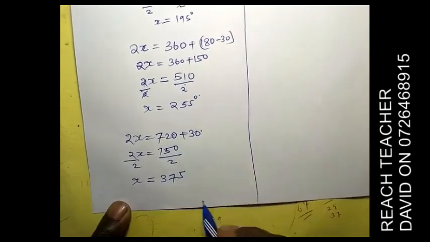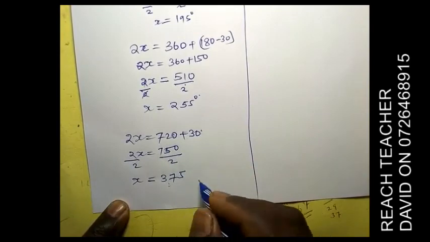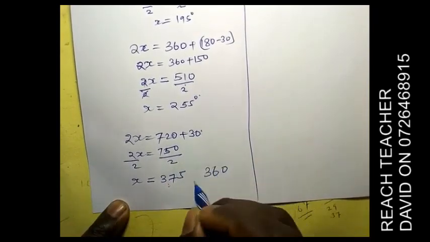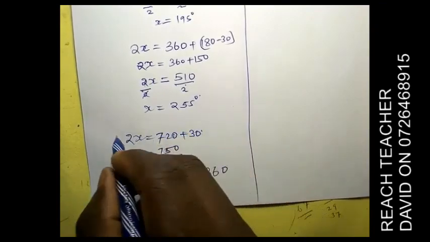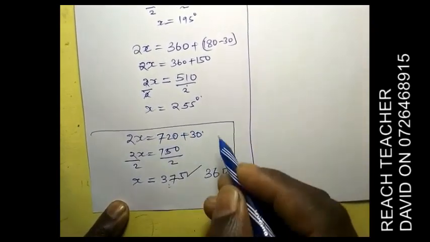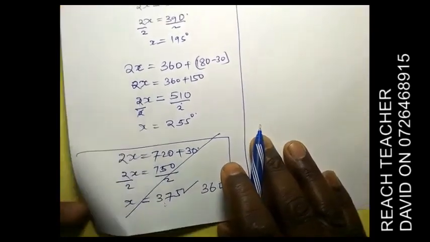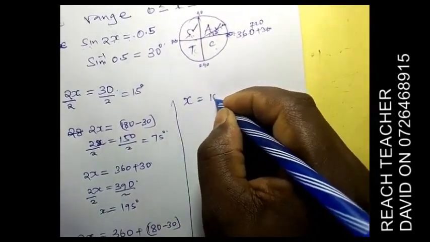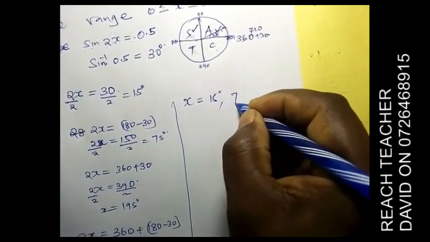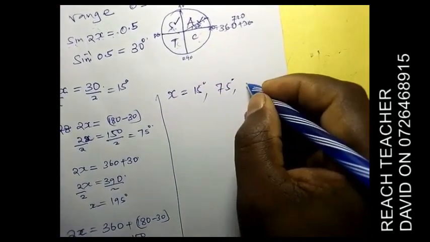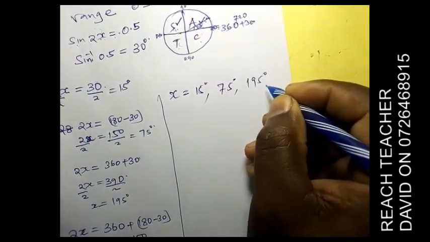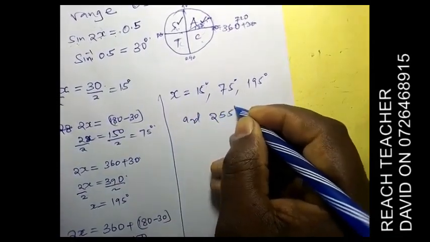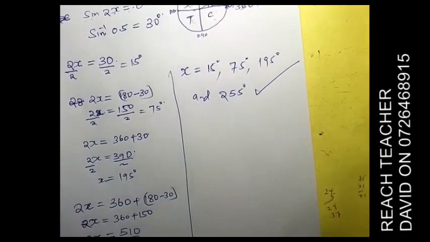Now we have 375 and our maximum angle was 360, so this one has gone beyond, therefore it is not going to be included. Therefore the angles of x will be 15 degrees, 75 degrees, 195 degrees, and 255 degrees. You finish that story.